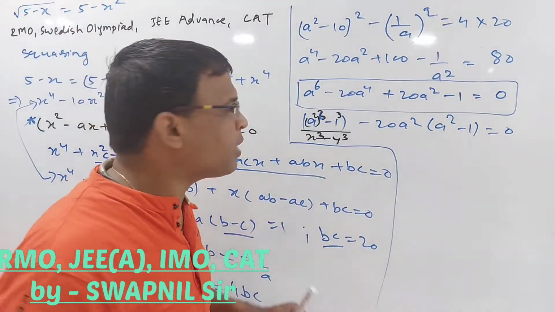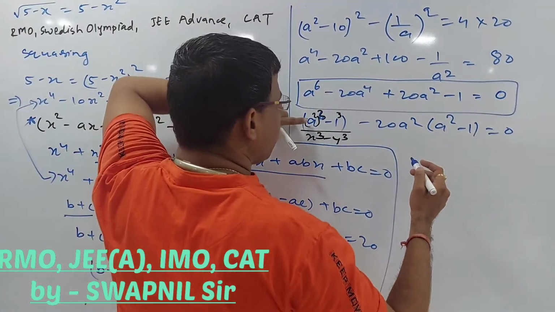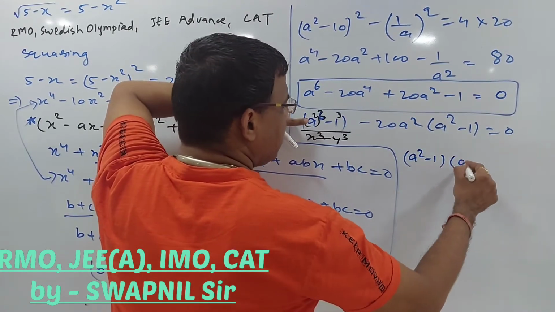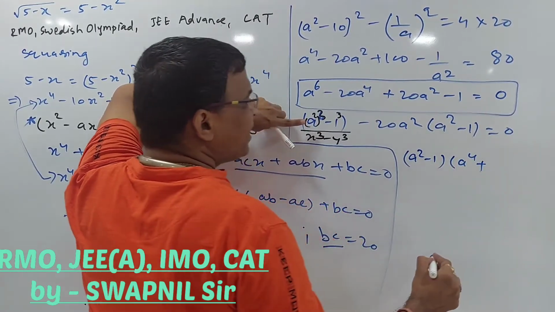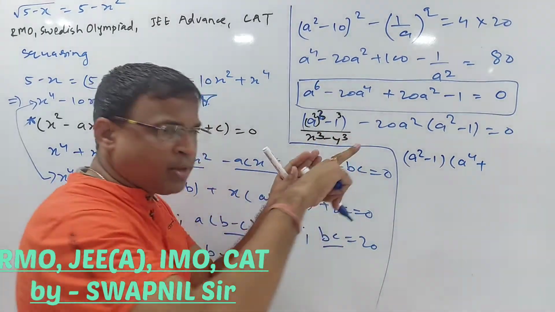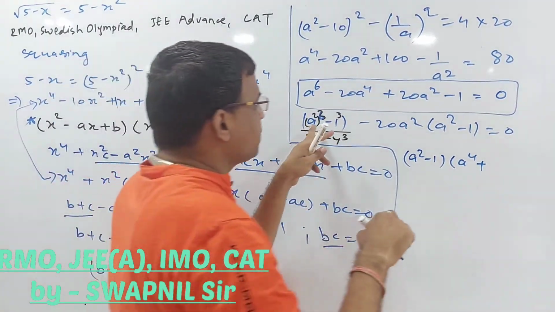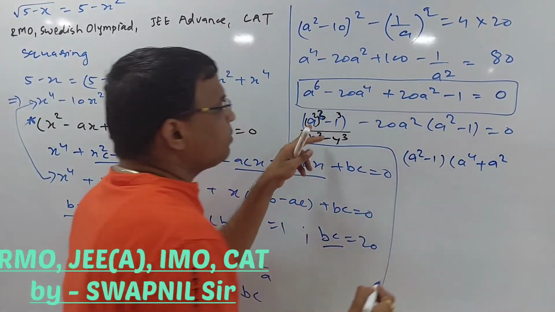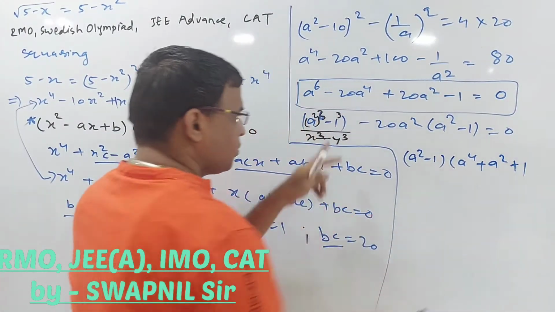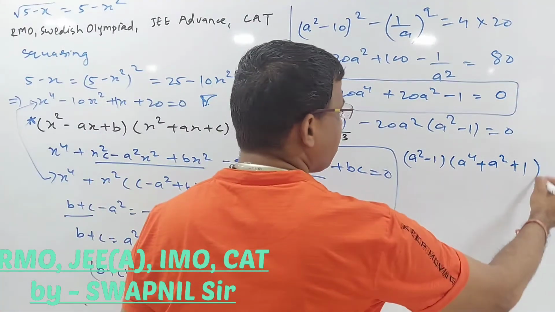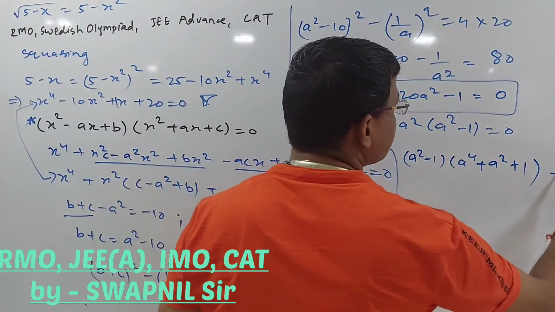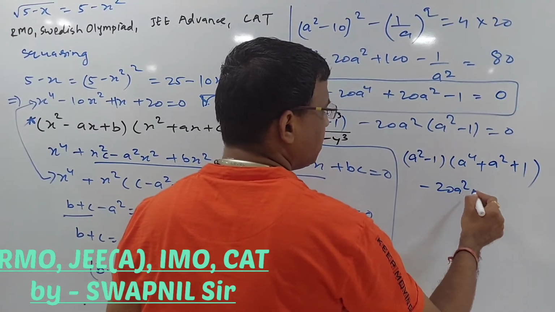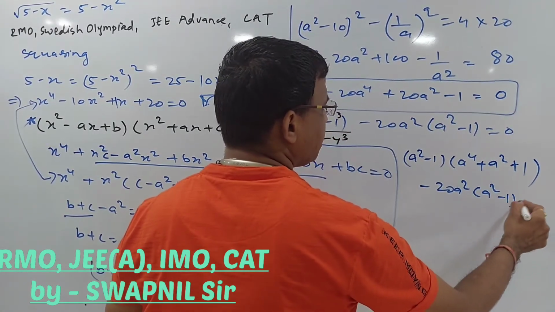So x cube minus y cube expansion will give me x minus y, so that is a square minus 1, then a power 4 plus, it is x minus y times x square plus xy, so plus xy is plus a square into 1, and it is plus 1, the last one. Fine, that is something I am getting. And here I have minus 20 a square times a square minus 1 is equal to 0.